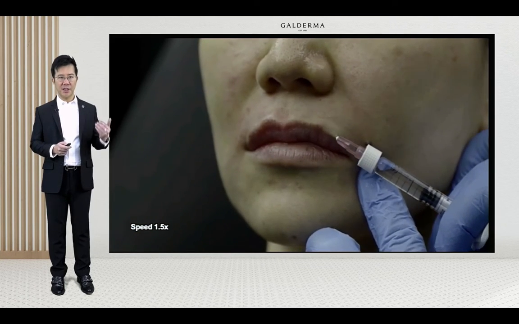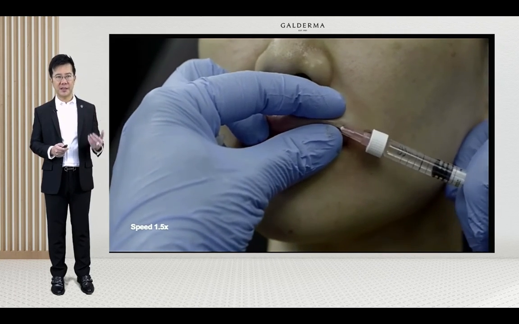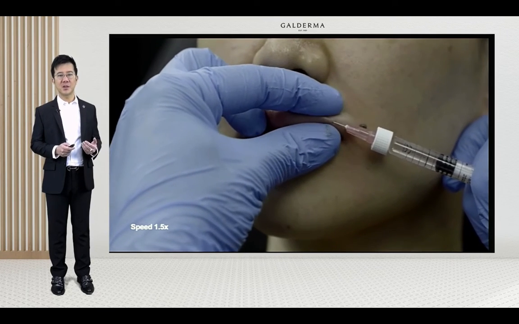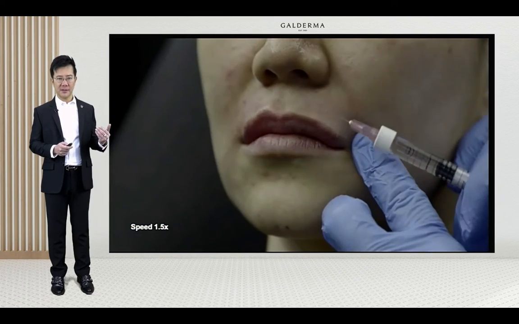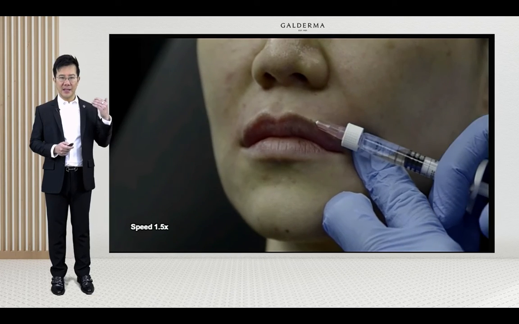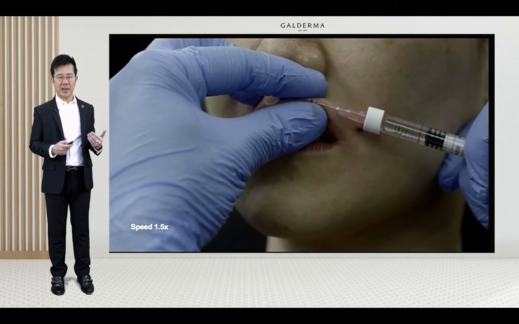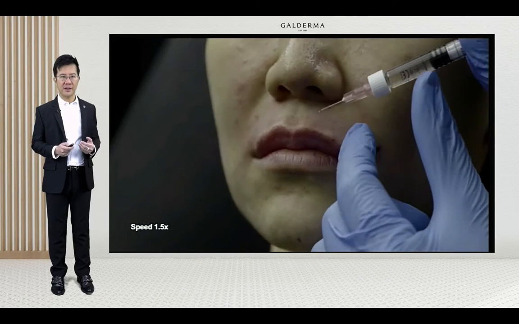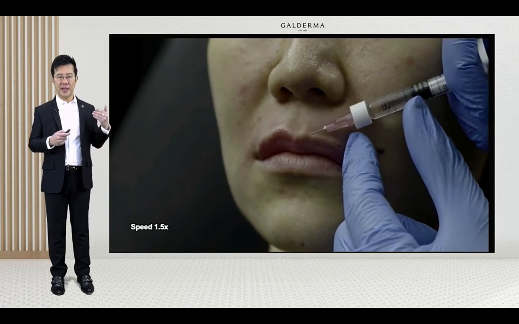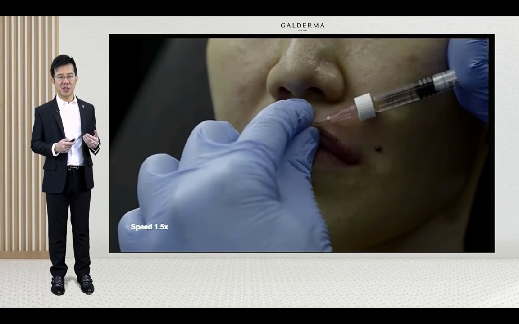When injecting here, you have to go superficially and slowly inject with a linear retrograde technique. You can feel the product between your fingers. And this is the way to enhance the cupid bow.